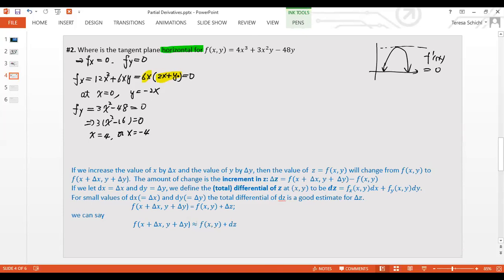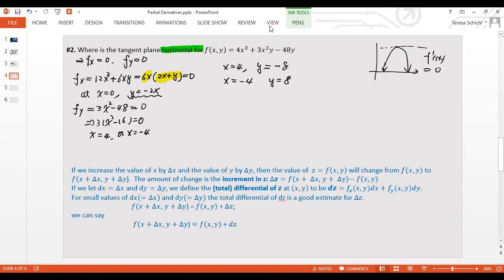Okay, so when x equal to 4, because here y equal to -2x, right? So y has to be equal to what? -8 here. Then when x equal to -4, what is y here? y is going to be +8.